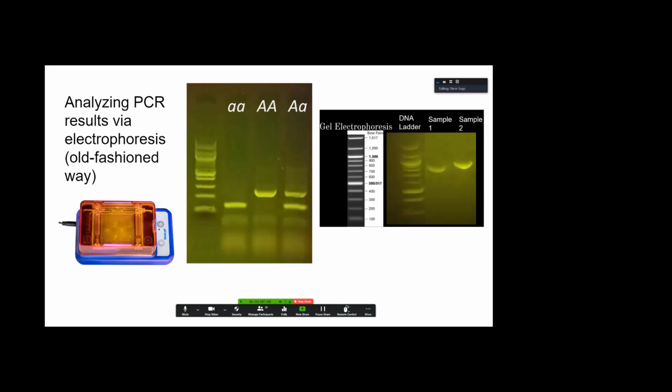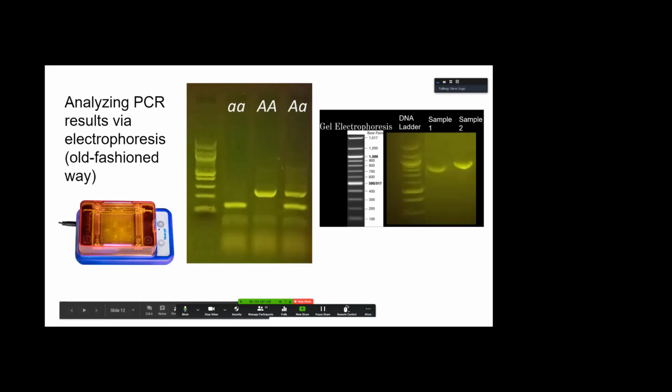On the other hand, if you do see the band show up that's the right size for the viral DNA that you were trying to copy, then you say, yeah, you are infected. That's what we were trying to find with this test: did we get something to amplify that we can pinpoint that's virus? That's not human, that's virus.